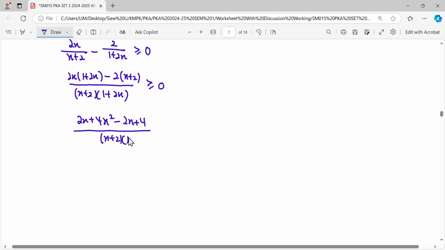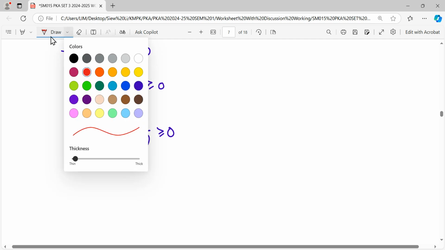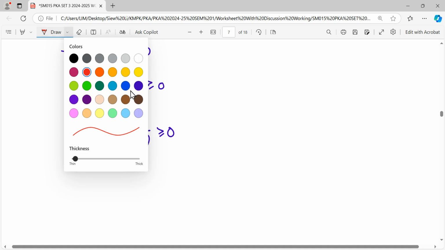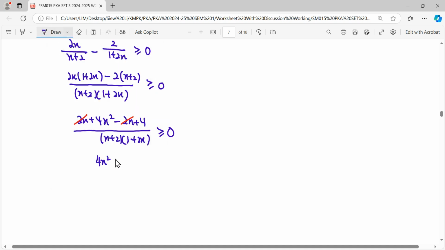So for the denominator, no need to expand. We want it in the form of factorized. And you can notice here, 2x minus 2x can be cancelled, can be simplified.